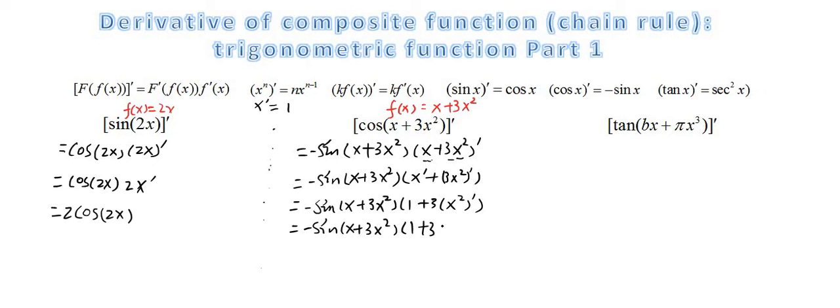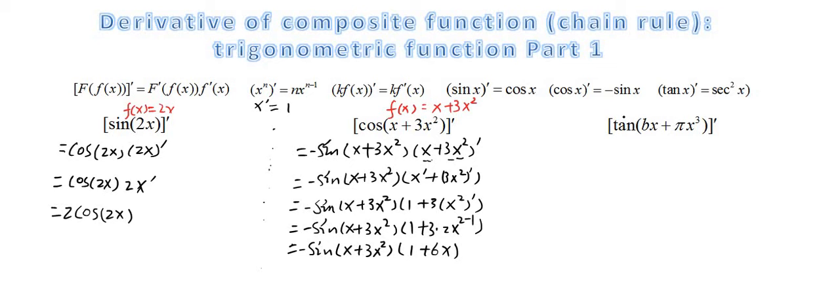So we have negative sine of x plus 3x squared, times 1 plus 3 times the derivative of x squared, which by the power rule is 2x to the power 2 minus 1. We get negative sine of x plus 3x squared, times 1 plus 3 times 2x, that is 6x, since 2 minus 1 is 1.